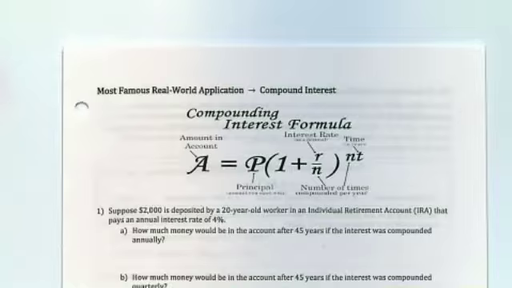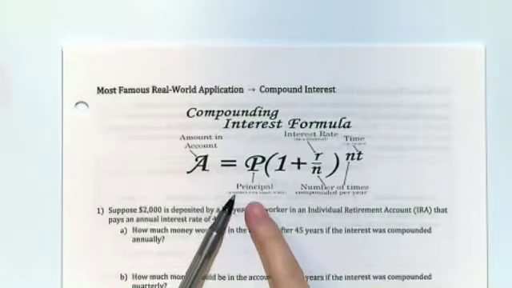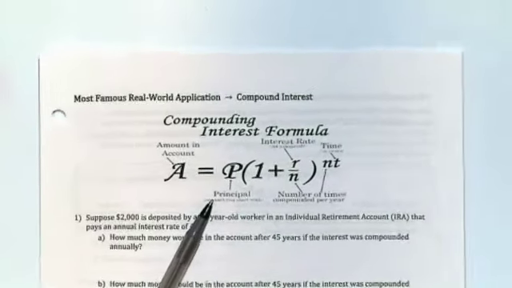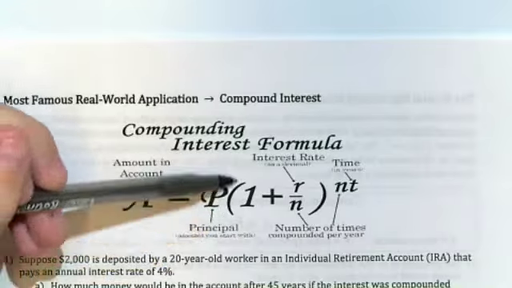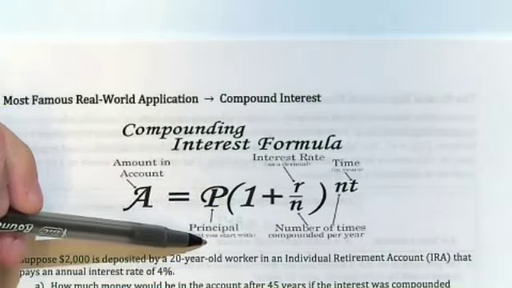Recall with our exponential formula, it was y equals c times a to the x. C was that initial value. In this instance, P is the initial value. That's the principal. It's like if I were to initially put $2,000 into an account, that is our starting point, what you initially put in.